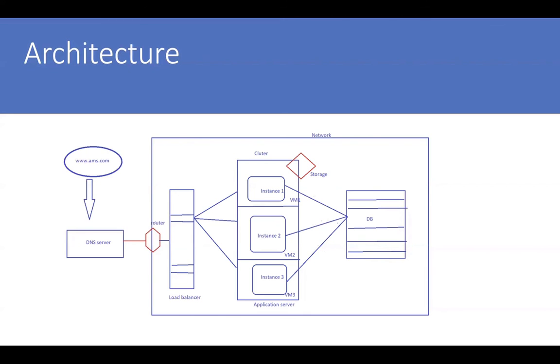Apart from this, there are advanced topics. To monitor this complete network, how many instances are being used, and the instance resource utilization and everything, you will go for Amazon CloudWatch.